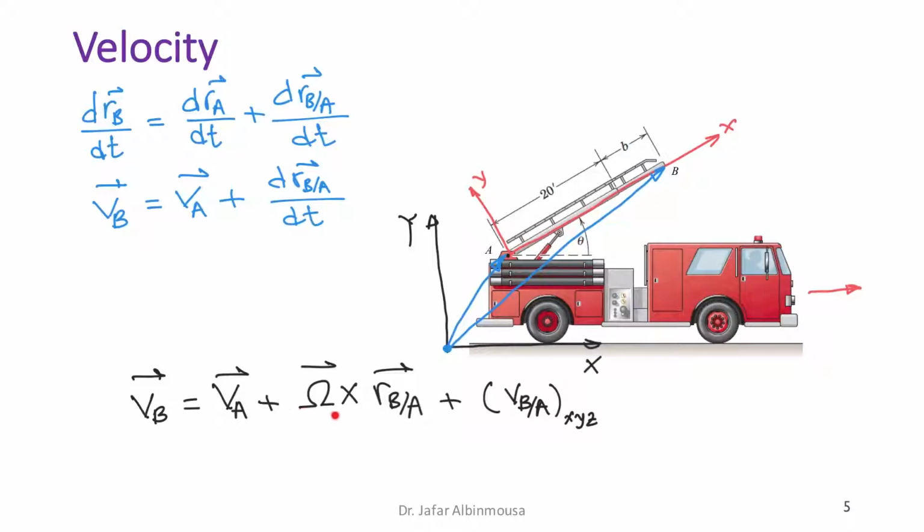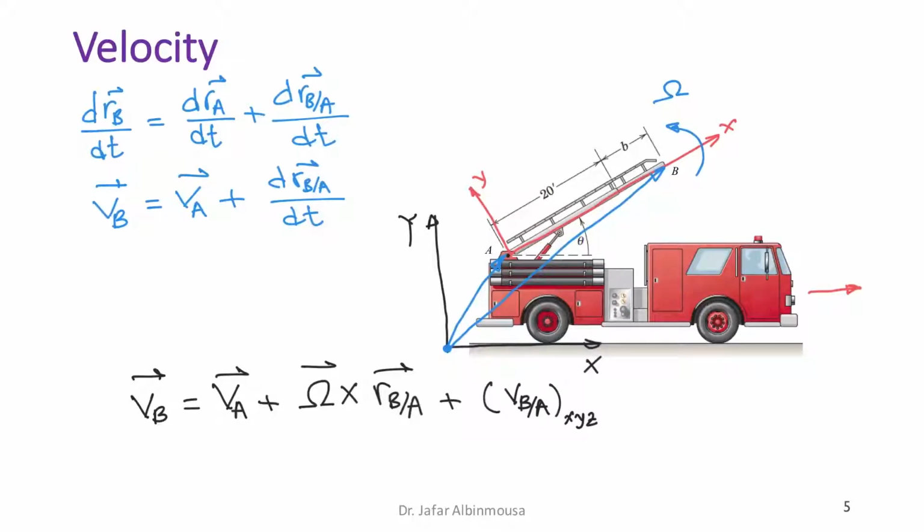This capital Omega is basically the rotation of the local coordinate system with respect to time. So it's the angular velocity of the small x, small y, small z coordinate system.